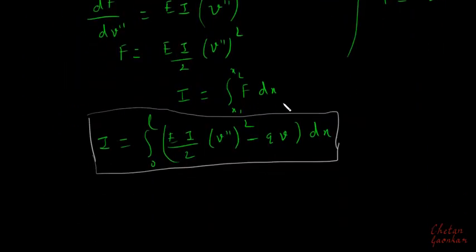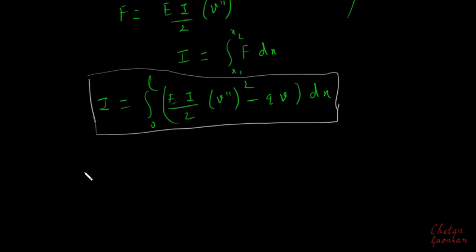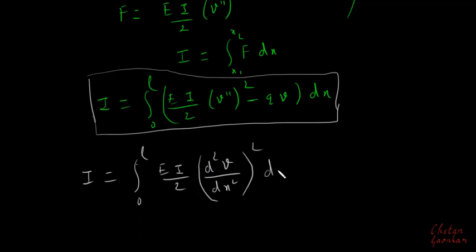Similarly, if I look at this equation carefully and rewrite it, I get the integral from 0 to L of EI by 2 times d square v by dx square the whole square dx, minus the integral from 0 to L of qv dx.